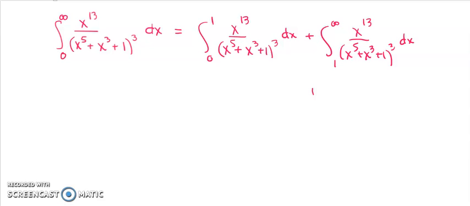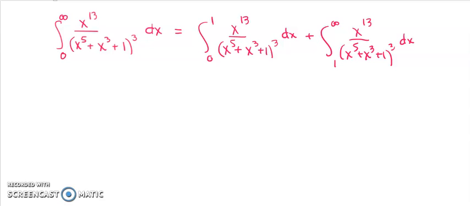There might be a different way, but when x is between 0 and 1, if you make the exponent bigger, x to the 14th would be less than x to the 13th.